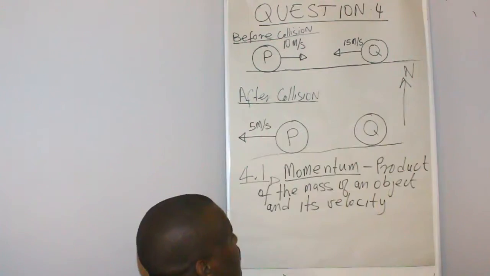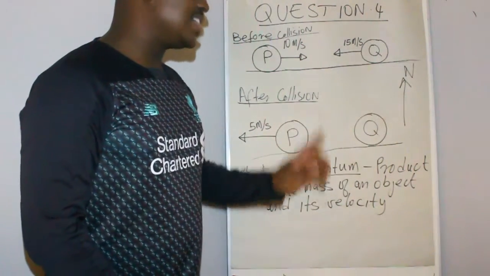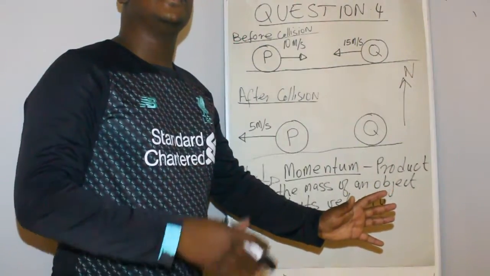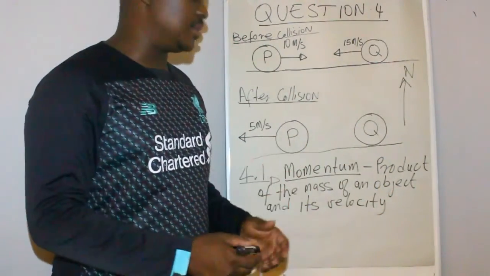So to find the momentum of an object, you simply take the mass of the object and multiply it by the velocity of that object. That's how you find the momentum.